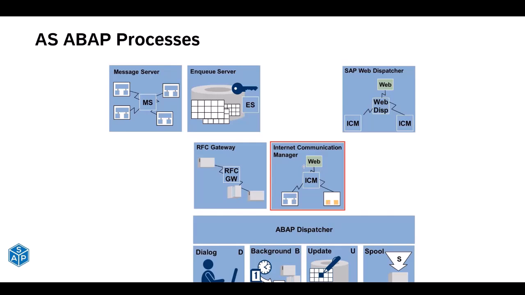So now the traffic has moved significantly from the dialog protocol to the HTTP protocol. Most users now use SAP Fiori or the HTTP interface. Now what happens in this? Yesterday I explained that all requests are handled by the ABAP dispatcher. All the requests sent by the user are handled by the ABAP dispatcher.